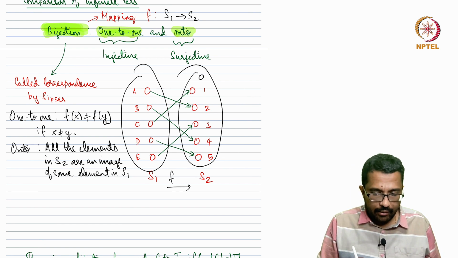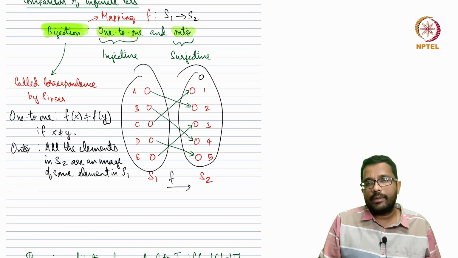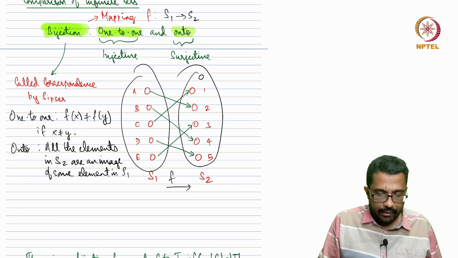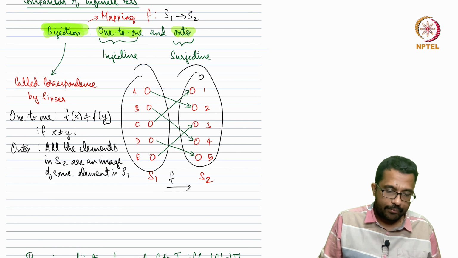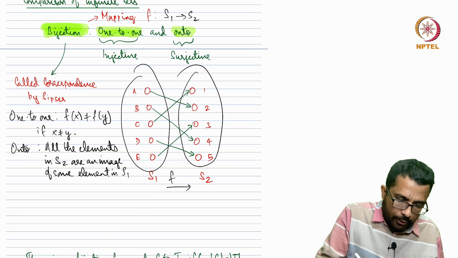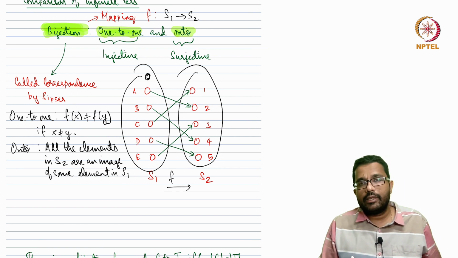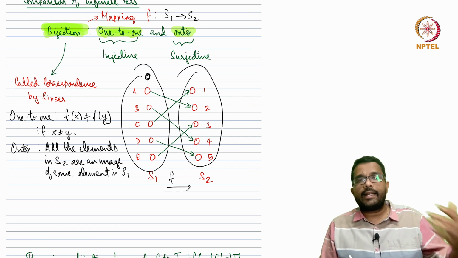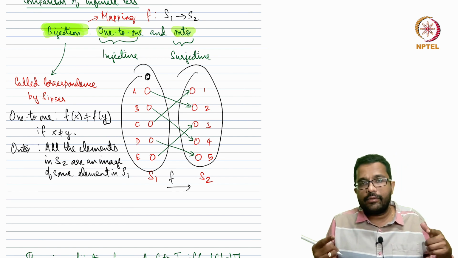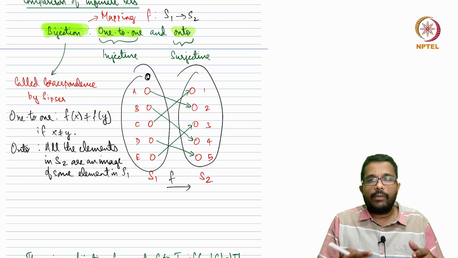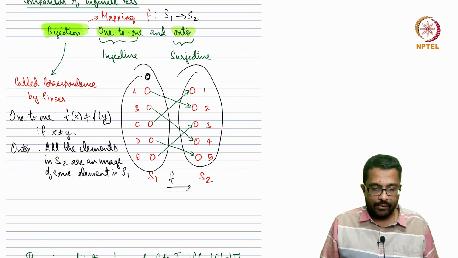This is because there will be an unequal number of elements in S1 and S2, and however which way you try, one element in S2 will not be covered. Also notice that if there was one more element in S1, you cannot get a bijection, because there will be one extra element in S1, and consequently you will have to have two elements in S1 mapped to the same element in S2, right? So the one to one property will have to be violated.